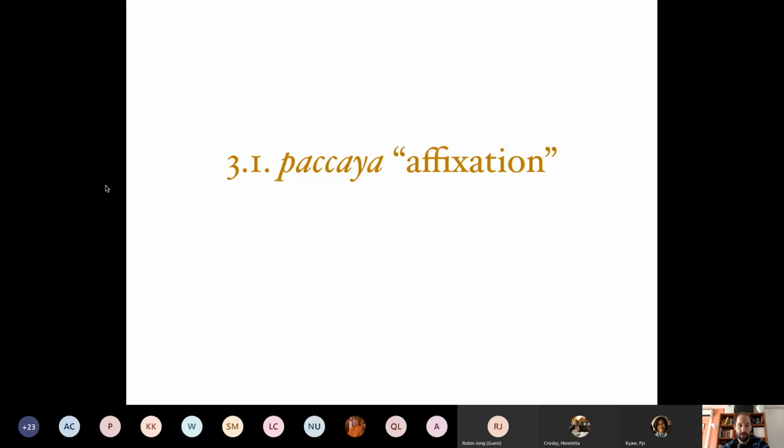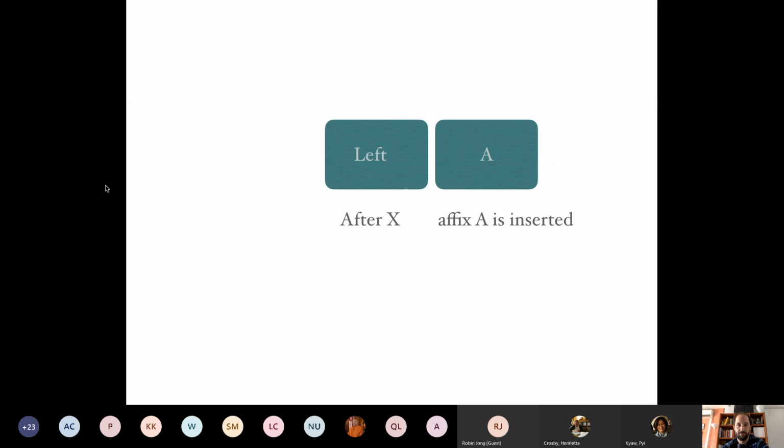We will start with vidhi pachaya affixation vidhis. That means these are operations that prescribe that some affix, some item is added, is affixated to a base. The normal state of affairs here would be that you have two items, one item on the left, and then the main item that we call A. So the item on the left will express something like after X, so after this item, and the item called A is the affix, that is that which is going to be inserted.